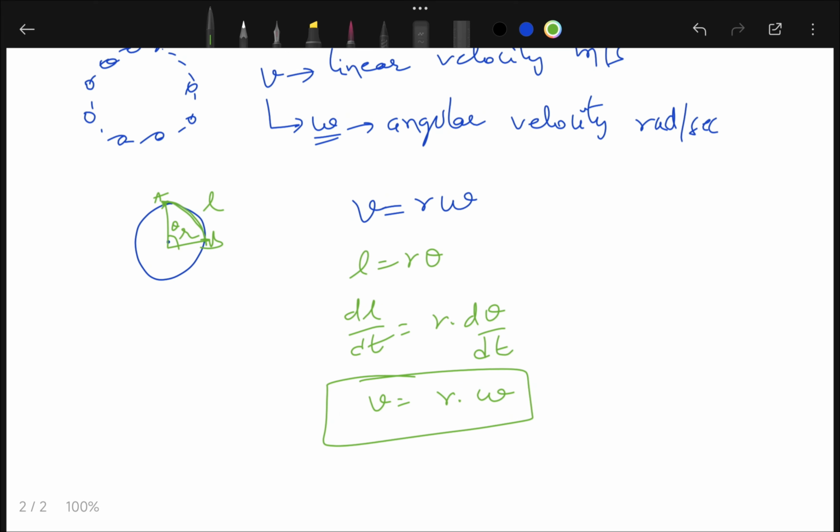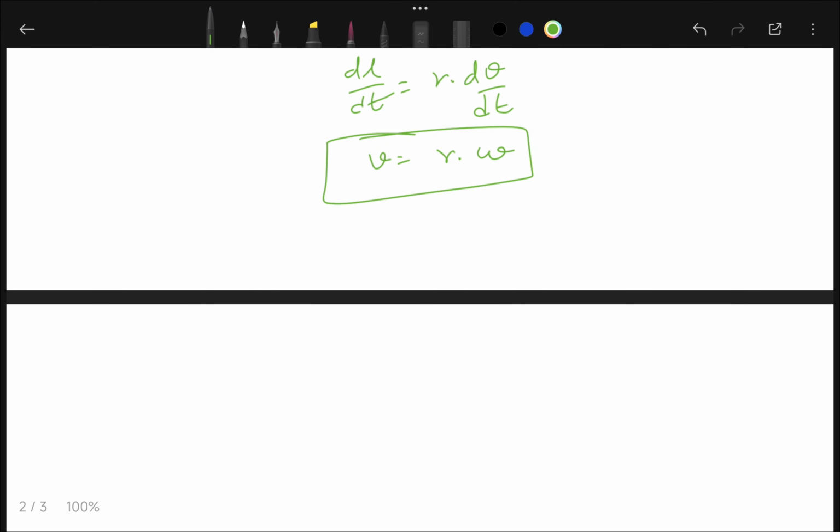So therefore if I substitute in the EMF induced here, what is the equation we obtained earlier? We obtained E is equal to P phi by 2 pi R into V. In the place of V, now I am going to replace V with R omega.